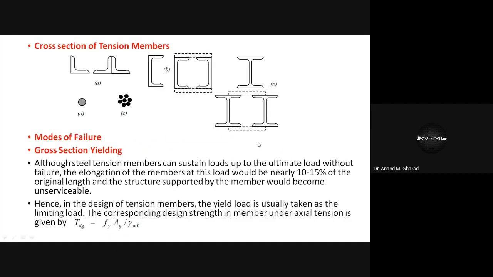Okay. So when I say that we need to design any component, we should take care of few parameters. Now, in case of tension member, we come across three basic modes of failure. And if we want to design the member in a complete manner, we need to take care of these three modes of failure. We need to check them.